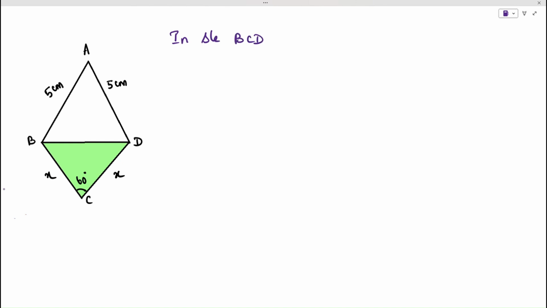So BD squared, the length of BD squared, which is our a squared here, is equal to BC squared plus CD squared minus 2 times BC times CD times cos of our angle, which we have at point C. So let's take cos of C. Now BD squared is equal to, and now we'll take the values that we have and substitute them in.